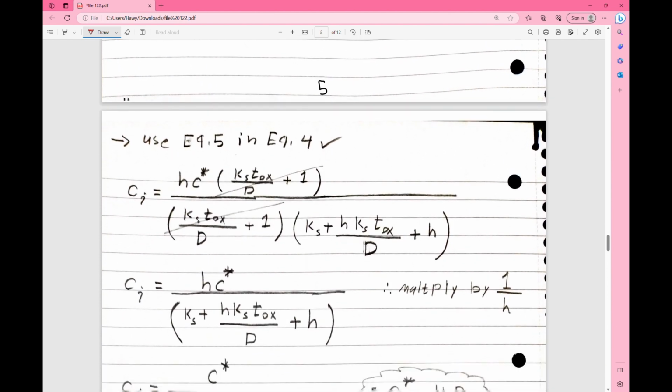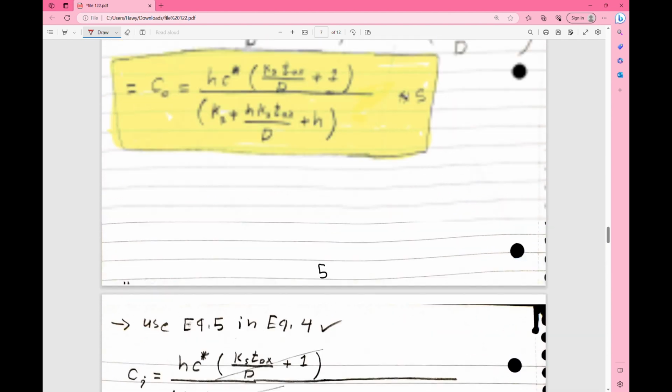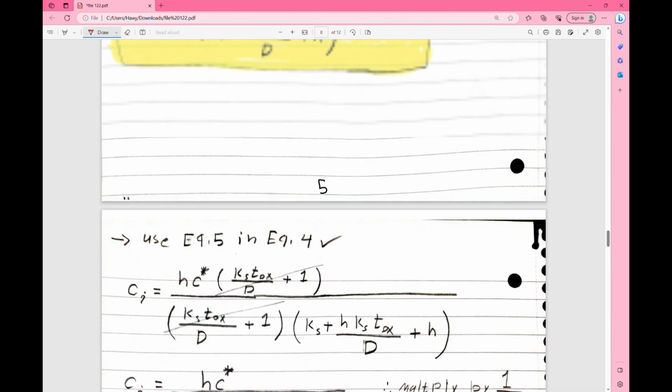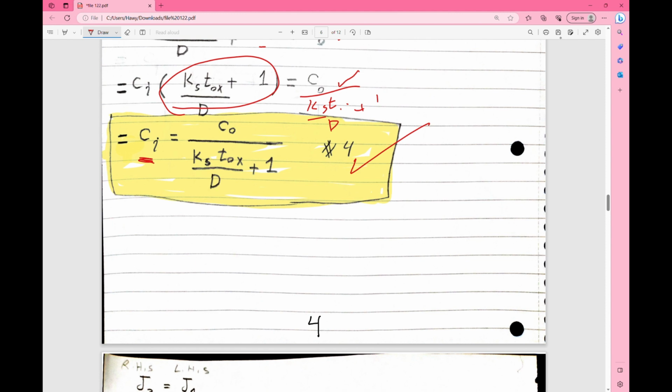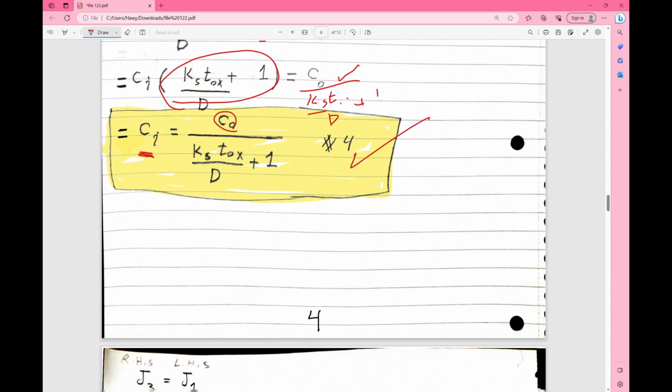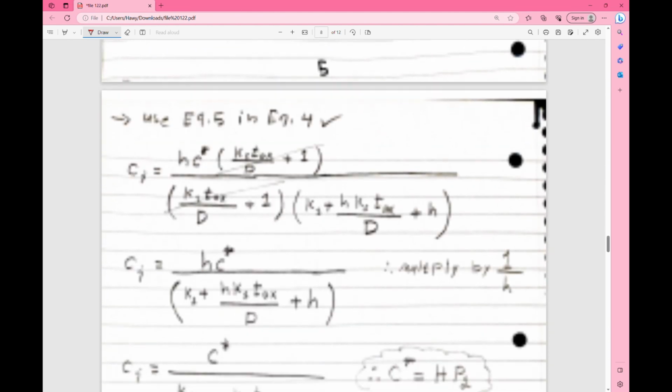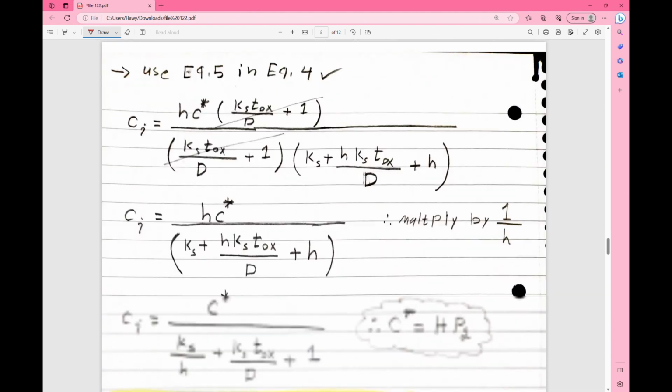Now use equation 5 in equation 4. Where is equation 4? This equation. We will put our solution C naught here, and we will have this solution.